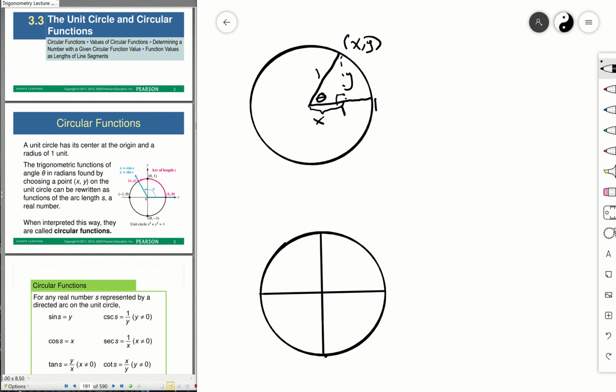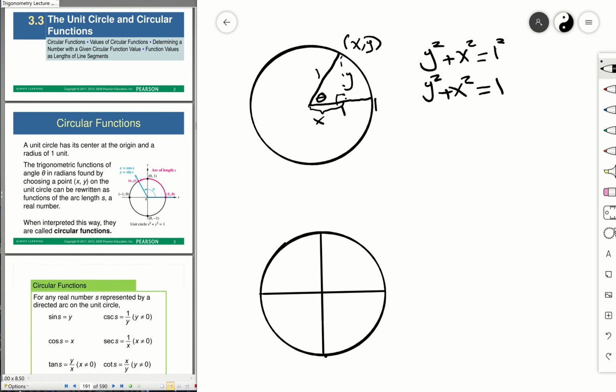So using the Pythagorean theorem, we get y squared plus x squared equals 1 squared. We could have written x squared plus y squared equals 1 squared as well, but for reasons that you'll see in a minute, we prefer to write the y squared first. So basically that's just y squared plus x squared equals 1.